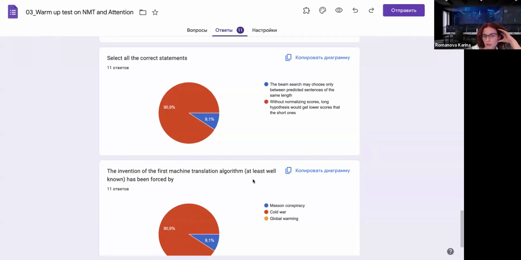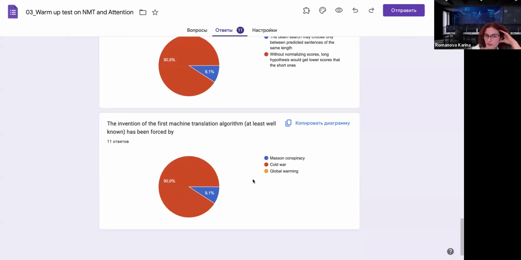The second option was about beam search: beam search may choose only between predicted sentences of the same length. This statement is incorrect because beam search can generate sentences of different lengths. It doesn't restrict the search to sentences of the same length. And the last question was a little bit funny because it relies on historical information.